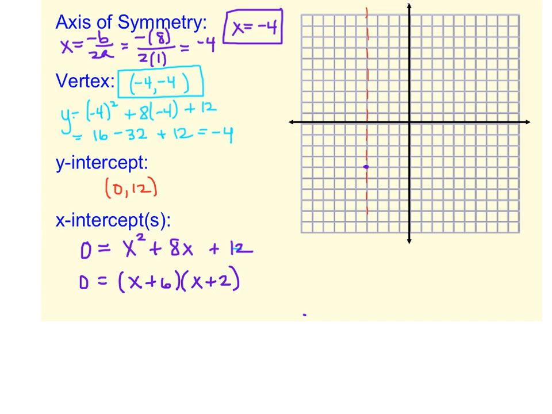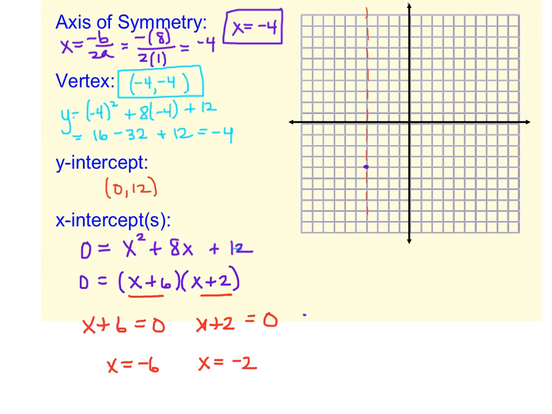Now that it's factored, we go ahead and solve. You set each factor equal to 0. If you solve the first one for x, you subtract 6, so you get a negative 6, and the other one you get a negative 2.